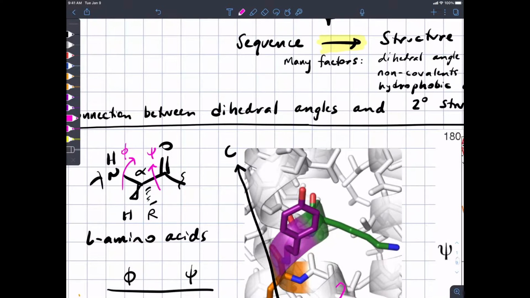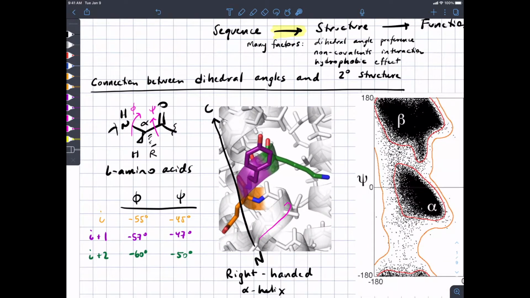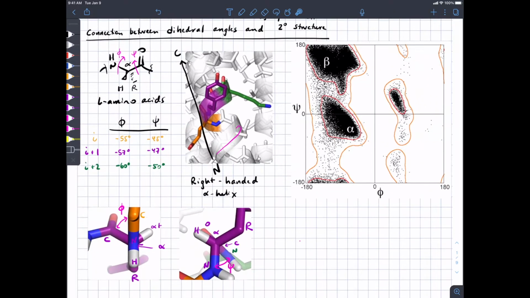These phi-psi angles are important because they define the secondary structure of a peptide or protein. So we went through 3 different amino acids in this helix bundle, where you've got 3 different alpha helices packing against each other.